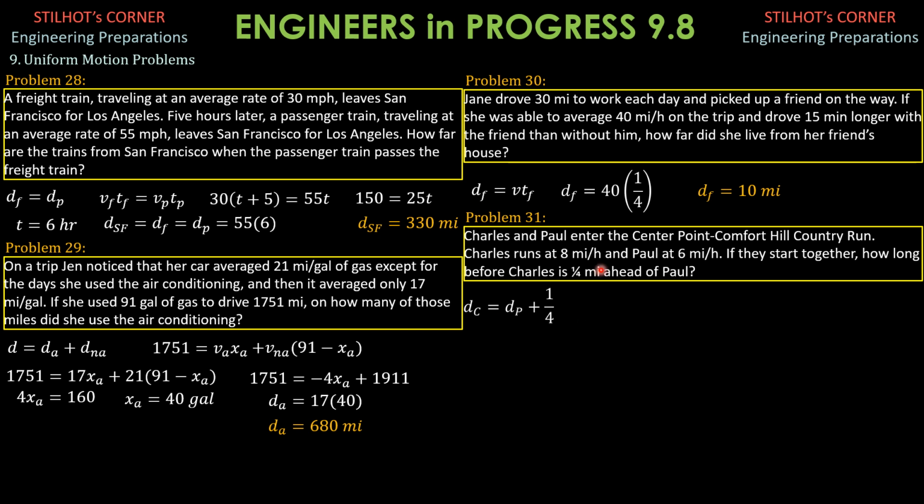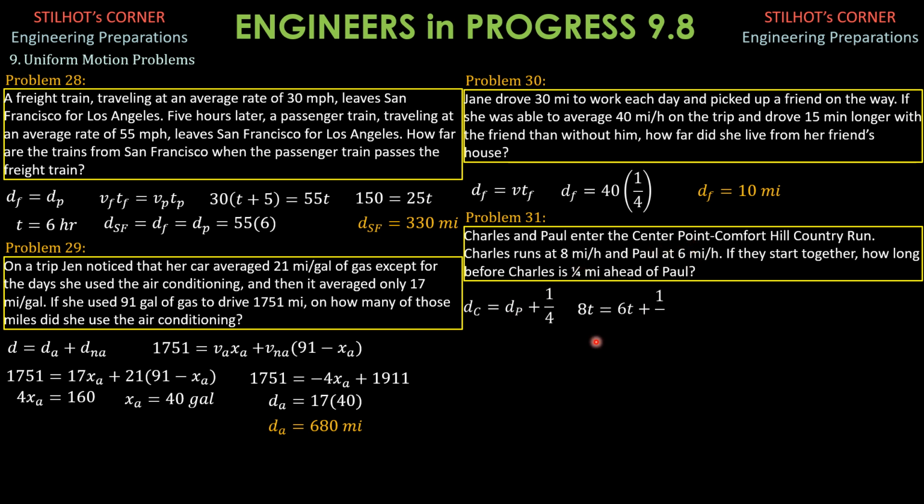So for Charles, it is 8 times t, because they start together, so it means at the same time also. Then the distance traveled by Paul is equal to the speed of Paul, 6 miles an hour, times t also.